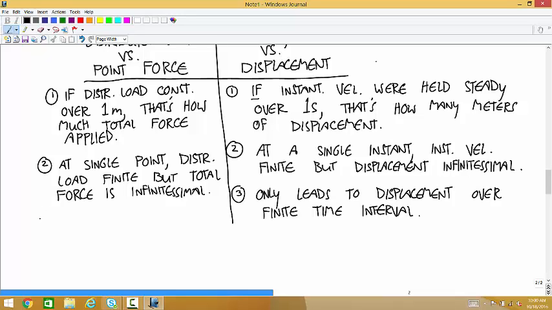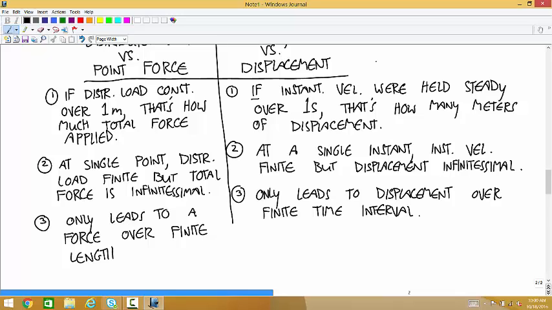And for distributed load, the distributed load only leads to a force over a finite length interval. Any questions about that?